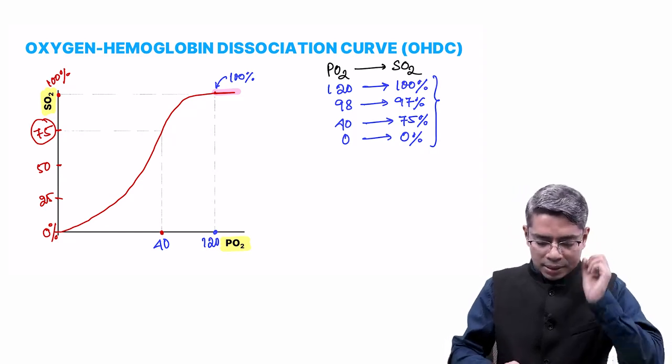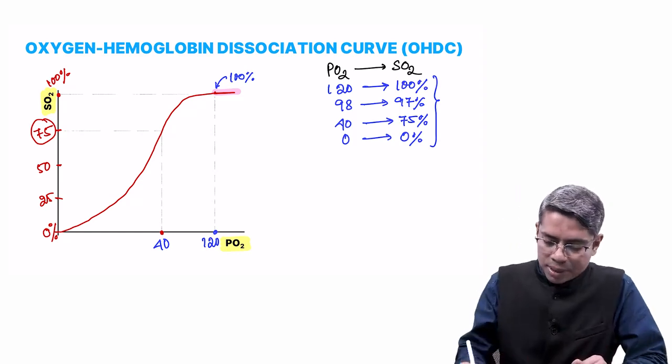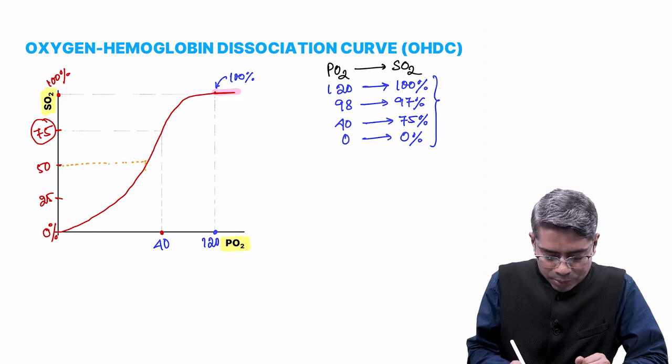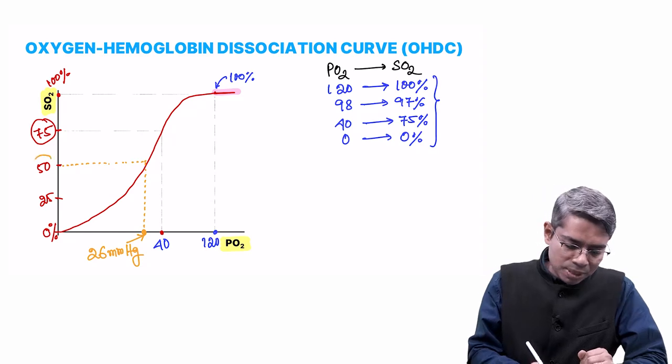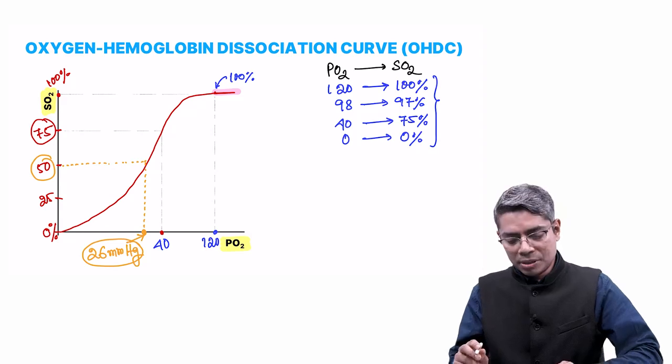Okay, and for 50% saturation, how much partial pressure is required? That is very important. So I am dropping a perpendicular from this 50% on this curve, and from there I drop another perpendicular on the x-axis, so 50% saturation of hemoglobin requires a partial pressure which is around 26 millimeter of mercury. So this 50% saturation requires how much partial pressure? 26 millimeter of mercury.